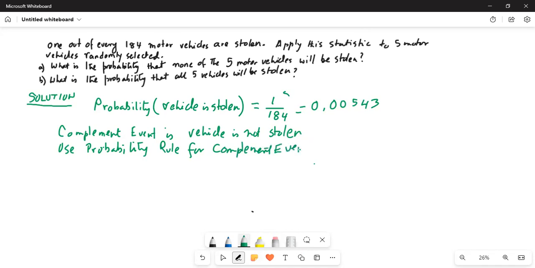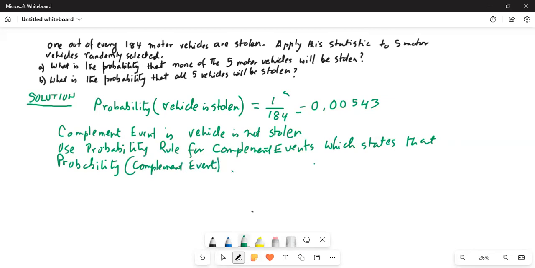Events, which states that the probability of the complement event is equal to 1 minus the probability of the event.